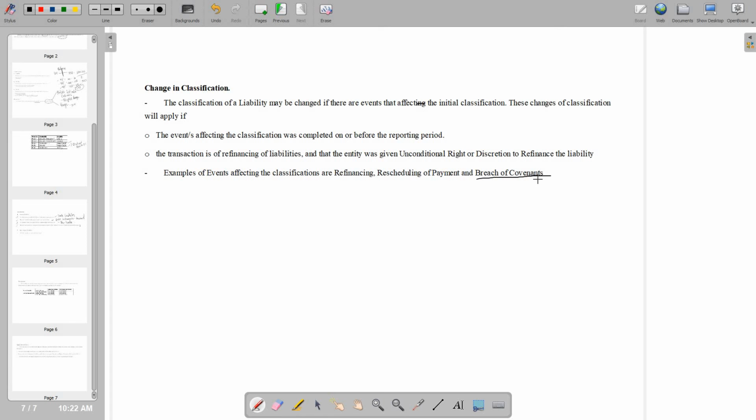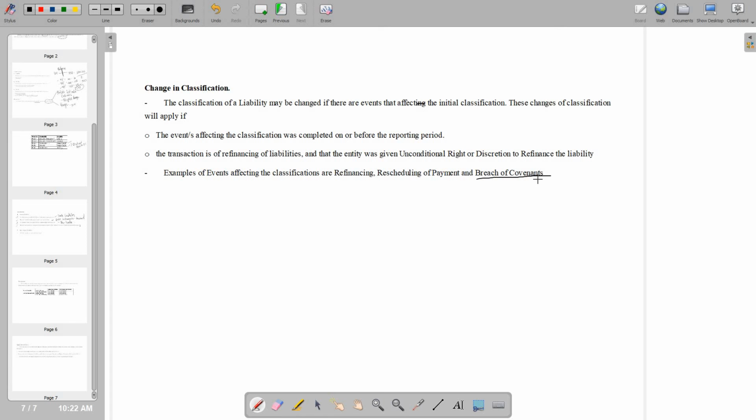So let's say, for example, you have loaned me 5 million and it will be paid over 5 years, provided that I will pass the CPA board exam. Now, what if I didn't pass the CPA board exam? Then that 5 years will be decreased to on demand, meaning current.